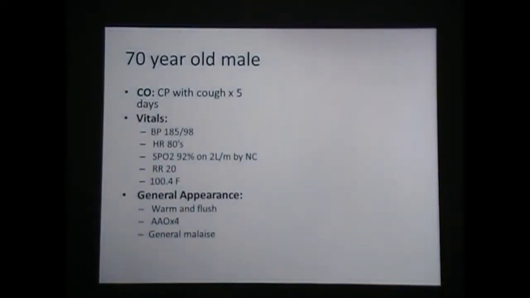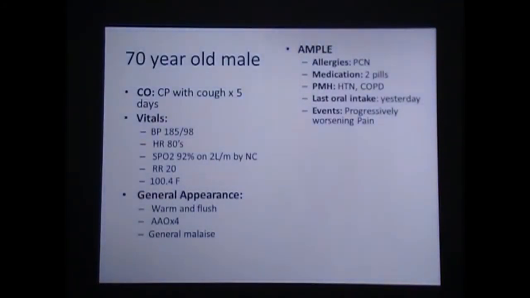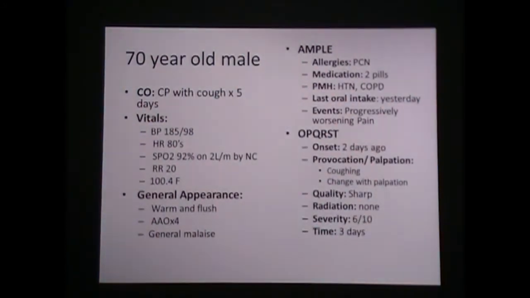General appearance warm and flushed, awake, alert and oriented times 4, but general malaise. Your SAMPLE history is pretty basic. He's got a history of hypertension, COPD. The event has been progressively worsening.